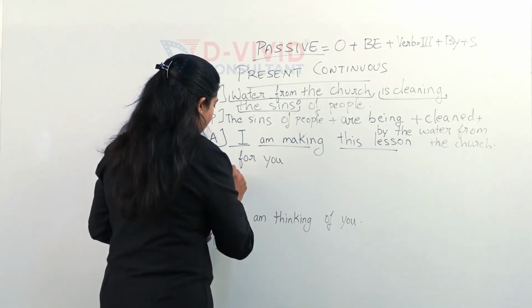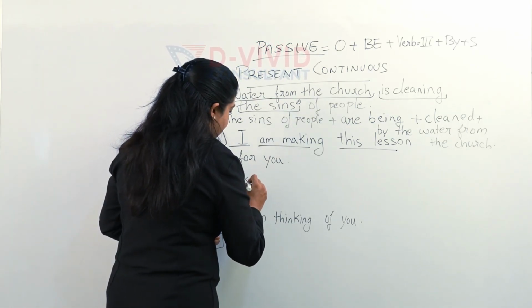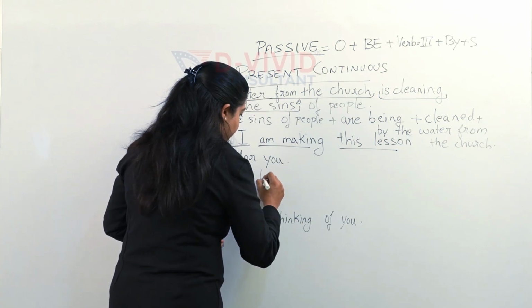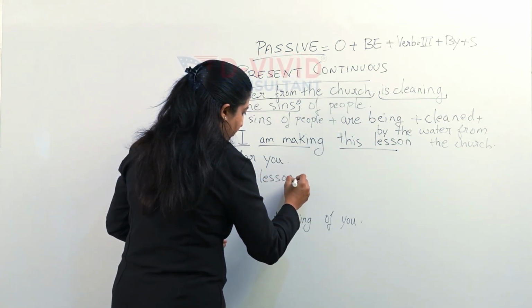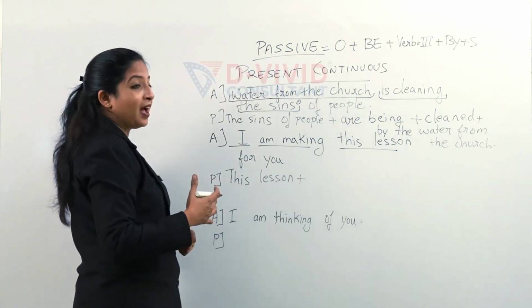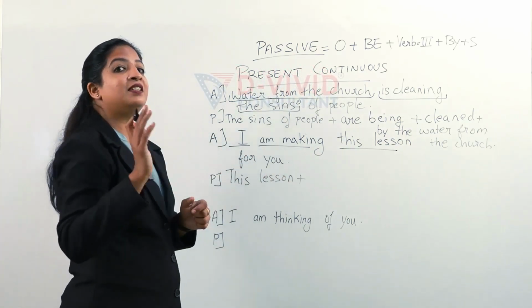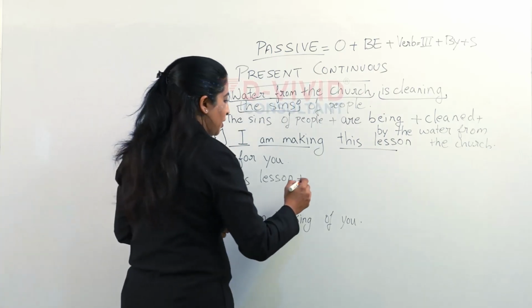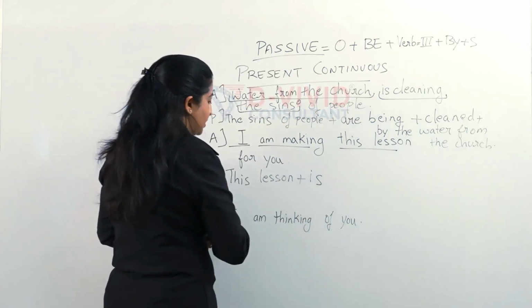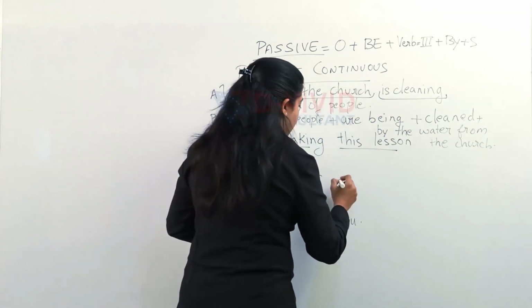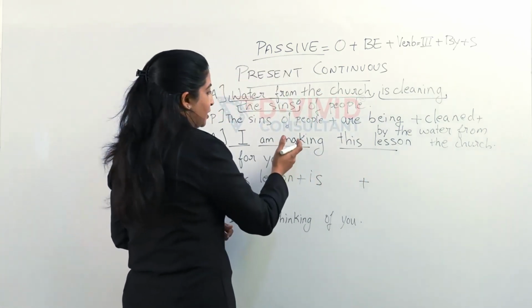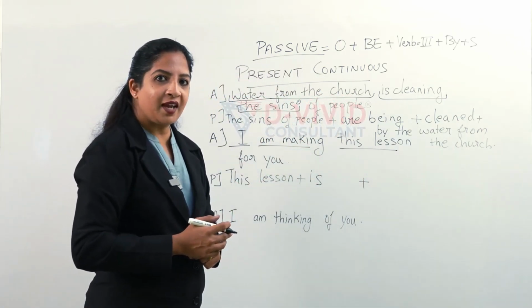So I can say that this lesson. Then I have the be form. Now because the lesson is singular, I'll be using is. This lesson is.